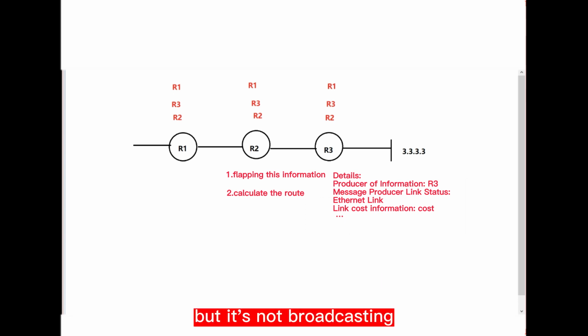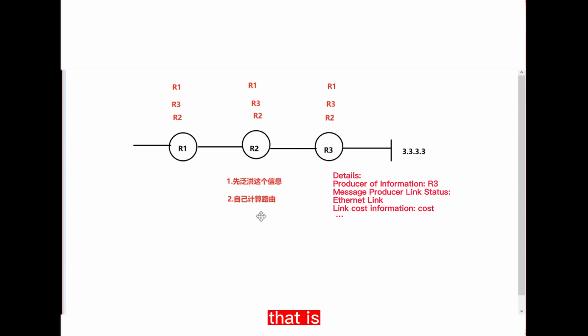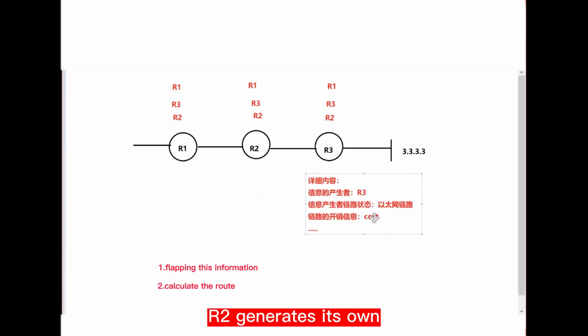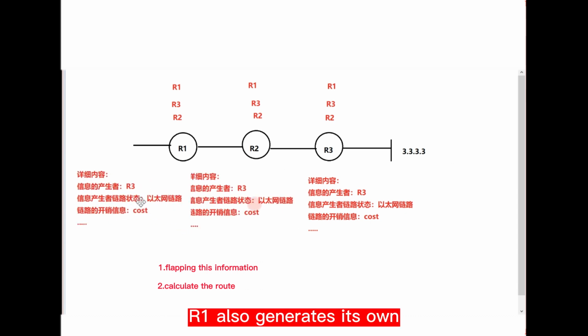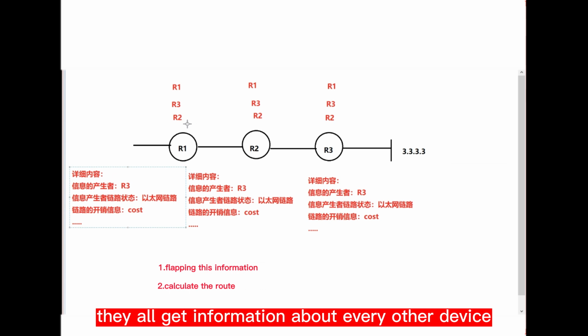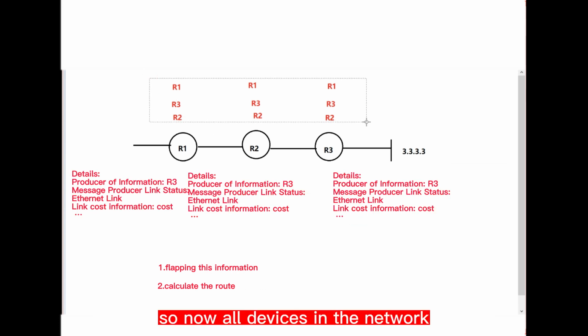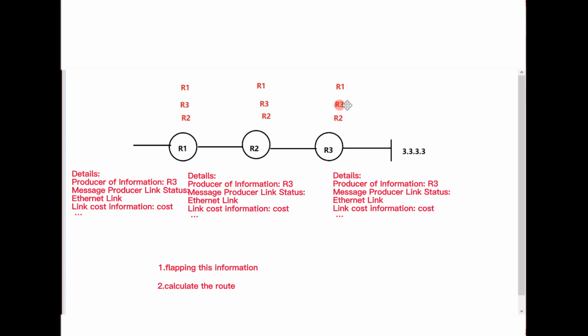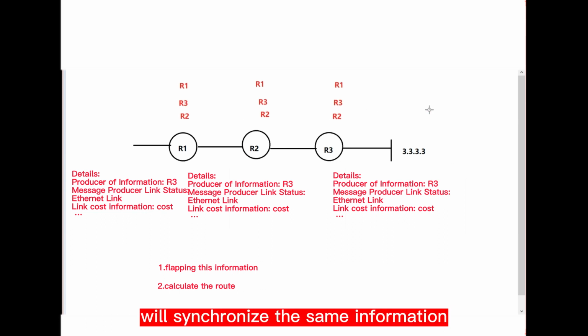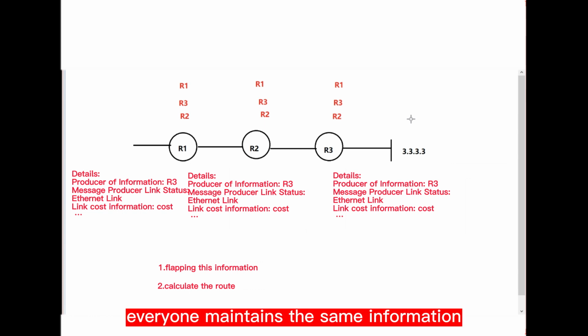But it's not broadcasting. All three devices can eventually get the information of all other devices. That is, R2 generates its own, R1 also generates its own, and eventually they all get information about every other device. Now they synchronize, so all devices in the network will synchronize the same information. That is, everyone maintains the same information.